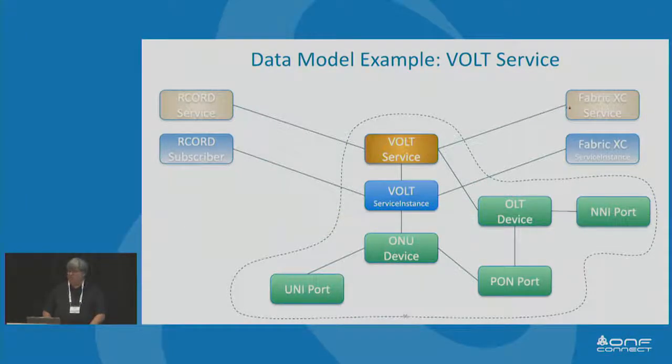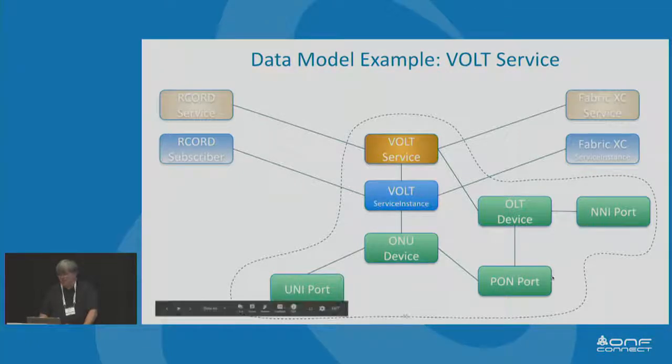And then the OLT service in turn uses the Fabric Cross Connect service because these OLTs need to be connected to the internet. So that is sort of at the global perspective, but per subscriber, each subscriber has this little piece of this. There is a residential subscriber. He has a point of presence in the vOLT service because he uses resources there. And he has a point of presence in the Fabric Cross Connect service because he has that cross connect route that gets him out to the BNG.